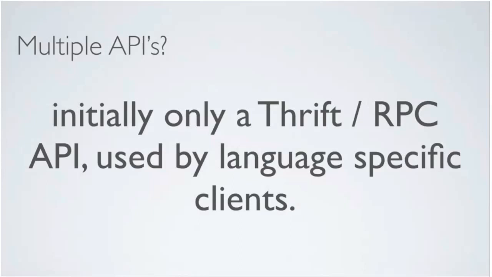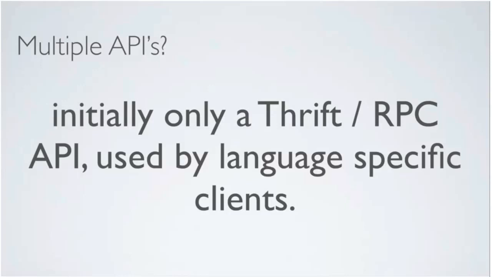It's probably why Cassandra was using it. And the RPC API with Thrift had some initial advantages. It allowed us to define the interface in a language-independent interface definition language, click a button, and it would auto-generate code in almost any language that we wanted.